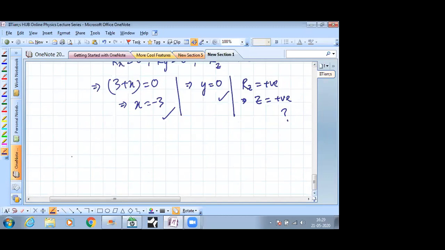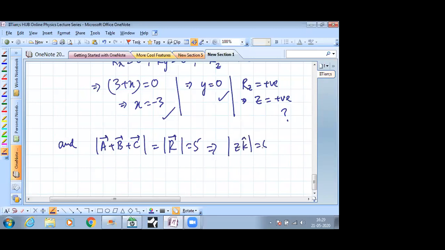Now we use the other condition: the magnitude of a plus b plus c, which is the magnitude of this resultant R, should be 5. That resultant R has now become just z k cap, so the magnitude of this should be 5. That means mod z should be 5, so in general z could be plus or minus 5. But we've already seen that z is positive, so we rule out the negative root.